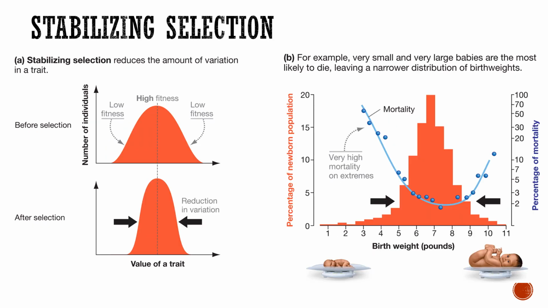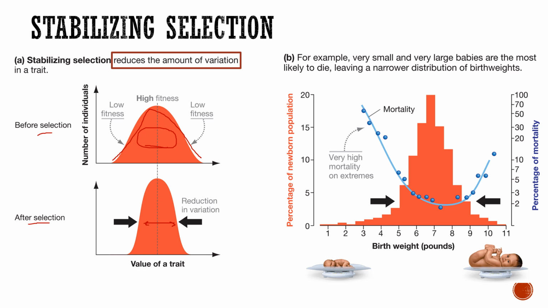Then the stabilizing selection, this actually reduces the amount of variation. So before selection, again, a nice thick bell curve. So we have a lot kind of under the middle or here in the middle under our curve. However, after the selection event, again, we saw the bell curve, but it's more narrow. It's not as wide, indicating that there's not as much variety.